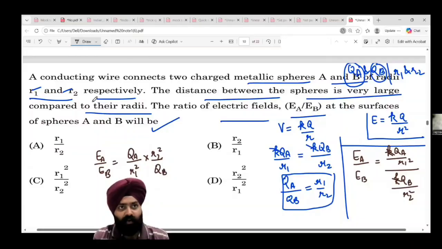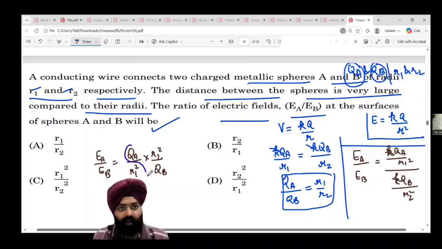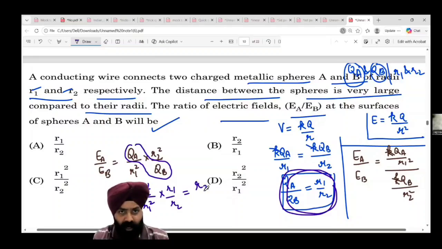And what is the value of QA upon QB? This one, right? Put this value here. R2 square upon R1 square, and in place of QA upon QB, R1 by R2, equals R2 upon R1. Okay? R2 upon R1. B option is correct. Done.